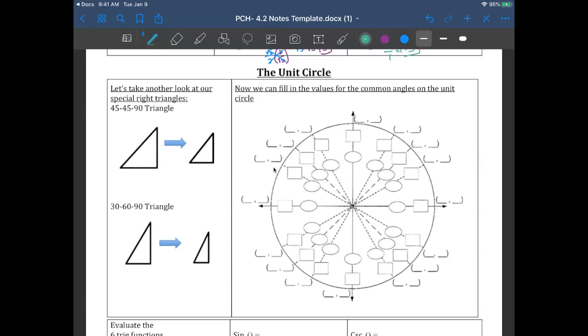So if I have a 45, 45, 90 triangle, or pi over 4, pi over 4, pi over 2 triangle, we know the rule is x, x, and x root 2.